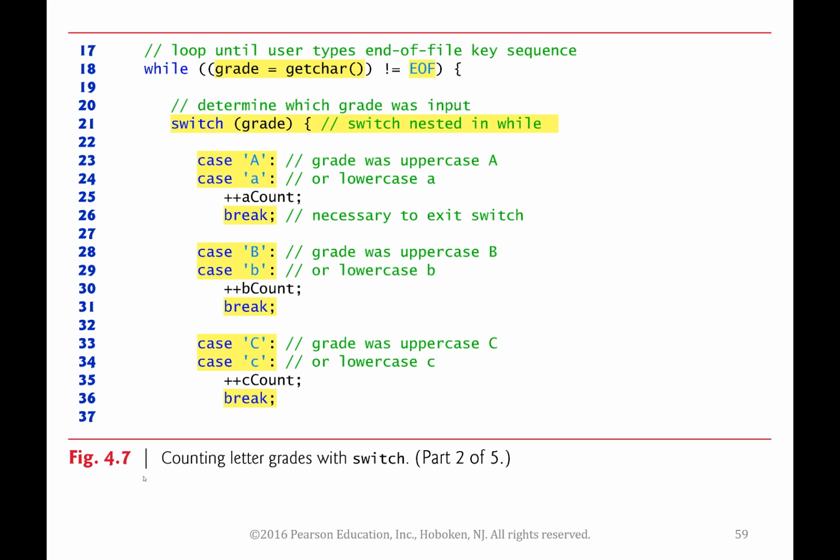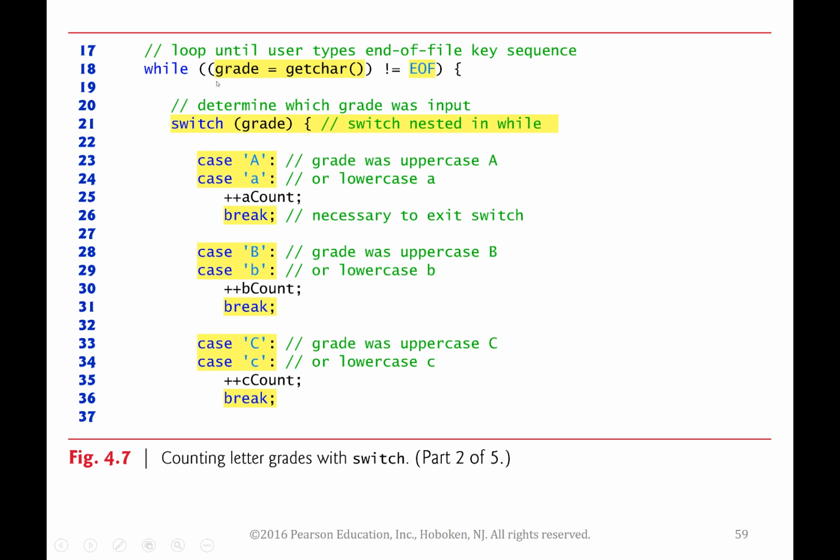While grade is equal to getchar, which reads the keyboard, and you print A, B, C, D, F, is not equal to end of file. This is a whole new structure.